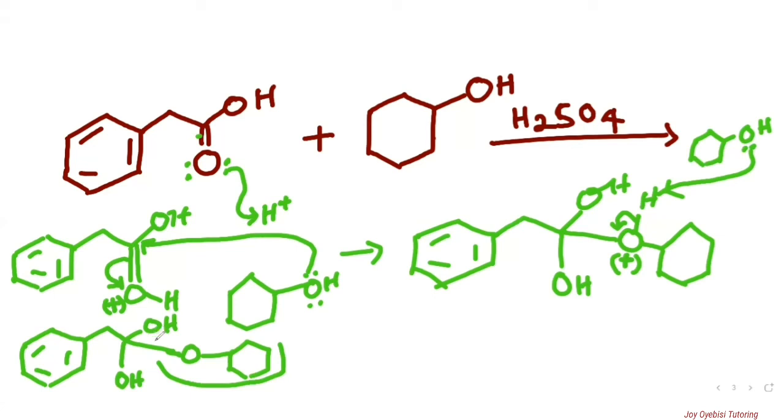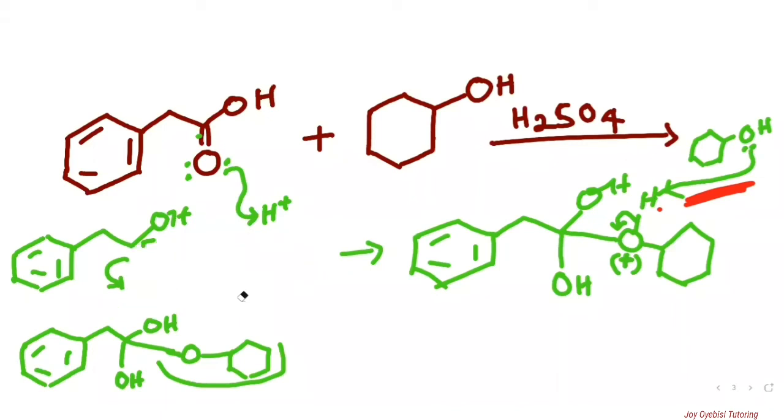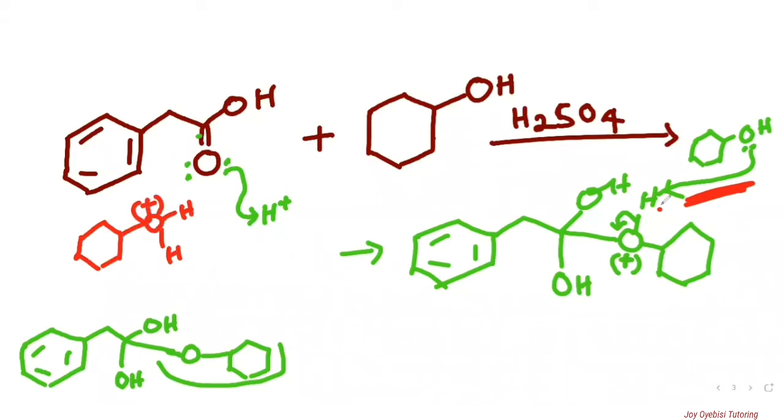And in order to remove this, we need to make this a better leaving group. So what this is going to be doing is to pick up the extra hydrogen we have here. Okay. So this extra hydrogen is going to take it away. So I'm going to wipe this out so you can see what I mean. Okay. So this gives the extra hydrogen it just took from this one here.